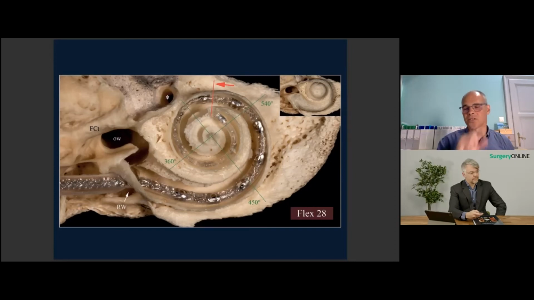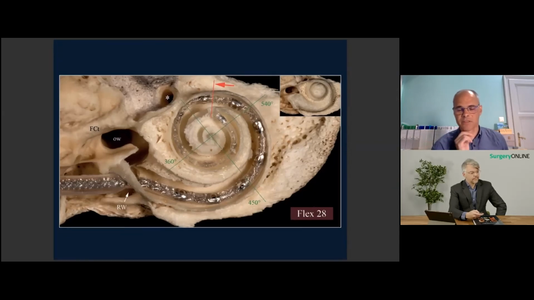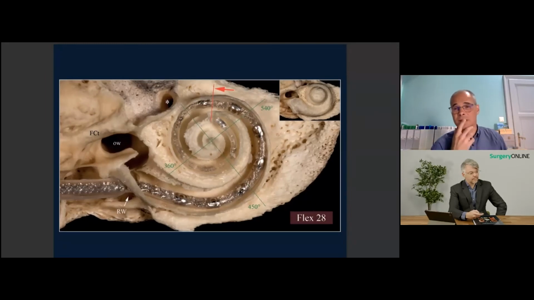It means the same impedance in the whole pathway of the electrode. So we can say, if you make a proper opening here, you can see it in intraoperative measuring. So morphology and physiology are close together.